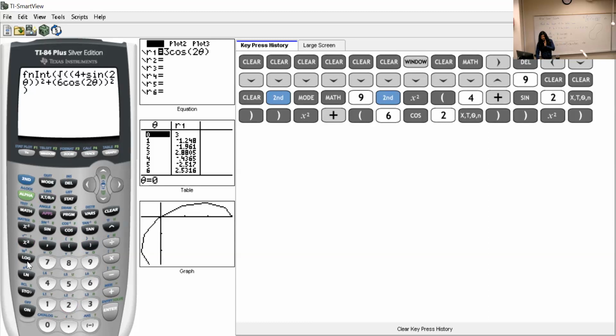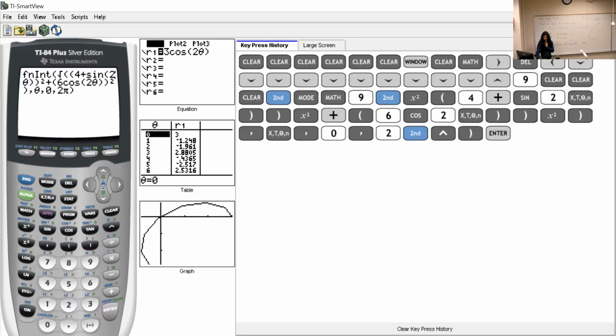Good. Followed by theta, got to specify the variable, then the limits 0 and 2 pi. Good.